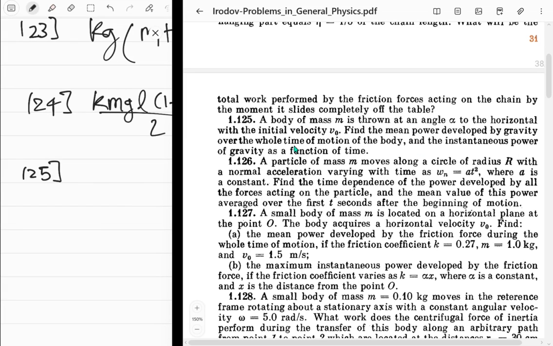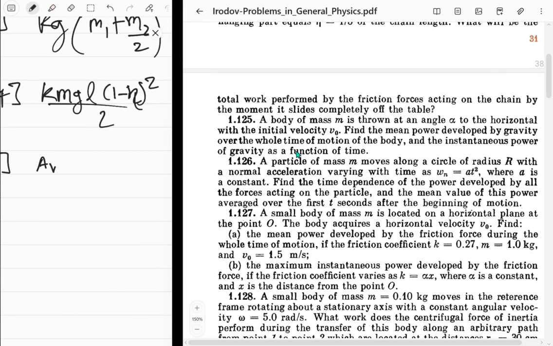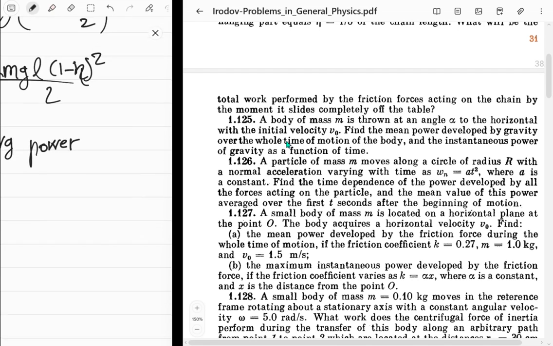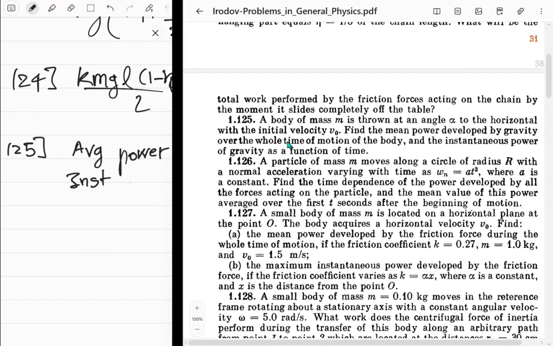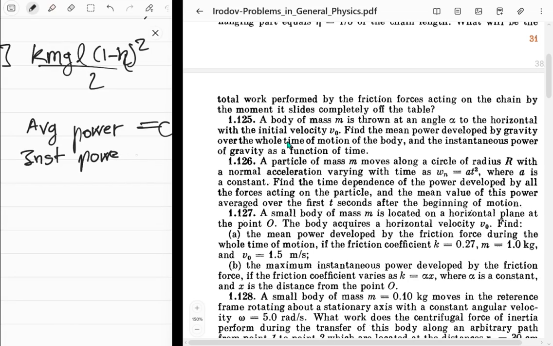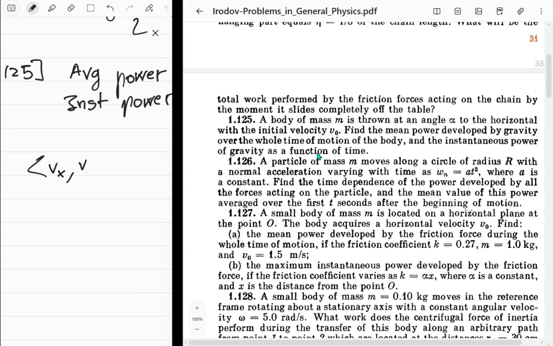Instantaneous power of gravity is a function of time. So the first part is really easy. Mean power developed by gravity, of course, is zero. And instantaneous power as a function of time: its velocity varies as vx and vy minus gt, and the force on this thing is just 0 comma negative mg.